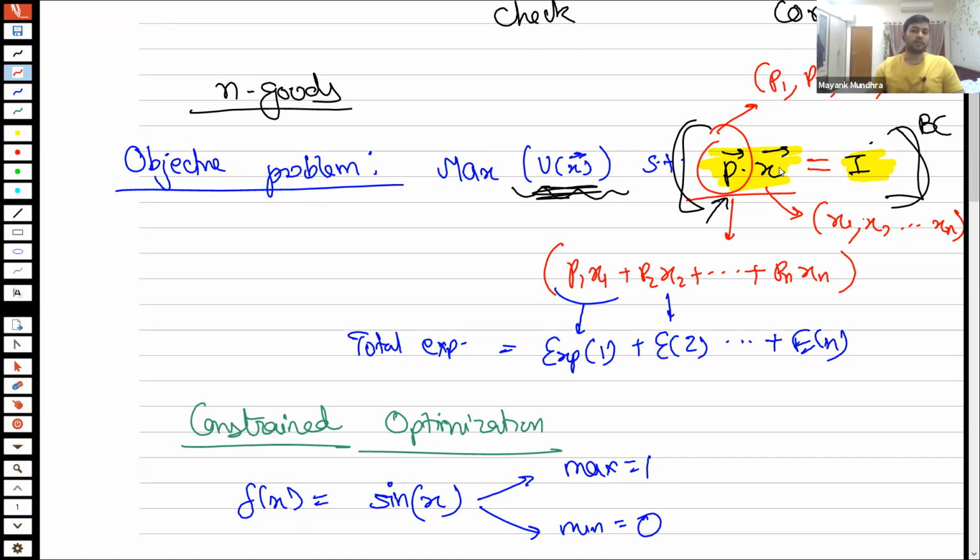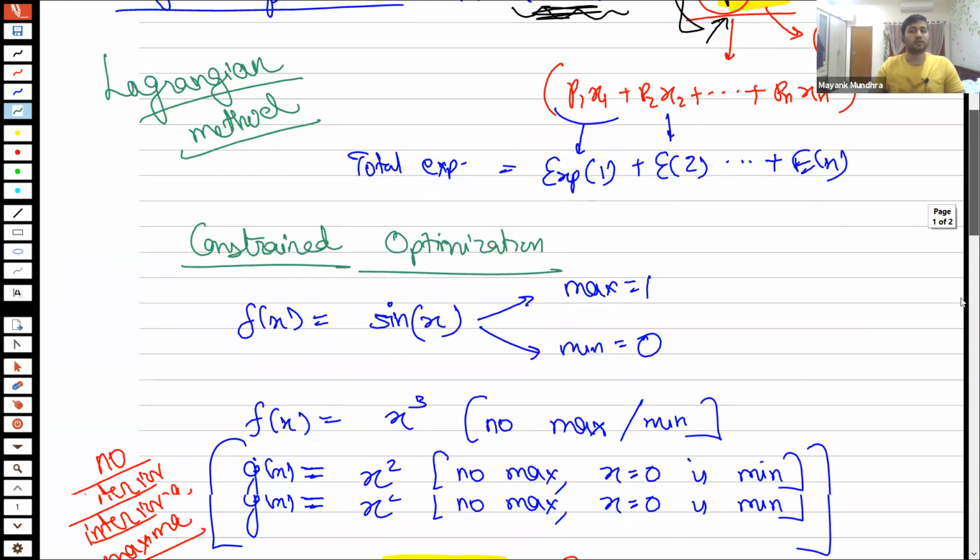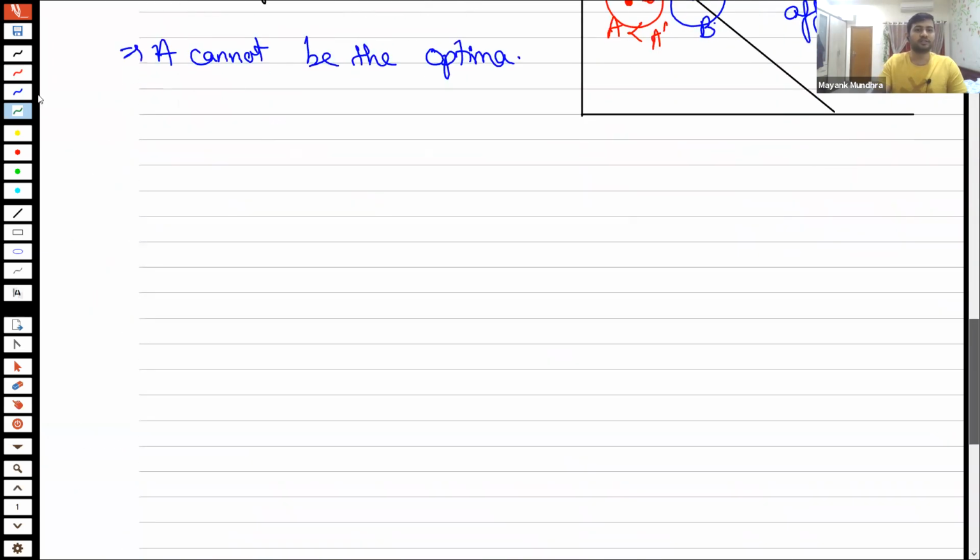Now in constraint optimization problems where the constraint is an equality, I use something called the Lagrangian method. So what is the Lagrangian method? Let us look at the objective problem.